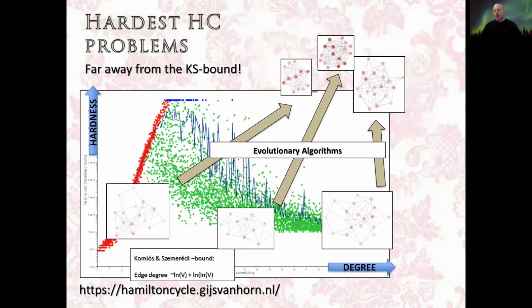And now the second really, really interesting result of this investigation is that for both the Hamiltonian bound and the unbound experiment, graphs that were found were very, very dense. And this somewhat contradicts all the older findings of the hardest graphs since the 90s being on the Komlós-Szemerédi bound.